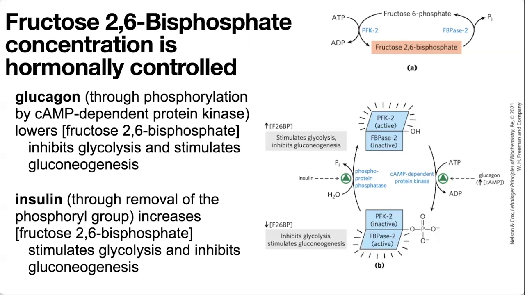And so now we need to go back and think about when would we want to do what. Well, in response to glucagon, a signal that there's low blood sugar, we're going to want the liver to basically increase the amount of gluconeogenesis that's going on and stop doing glycolysis. So we would want there to be phosphorylation of this enzyme.